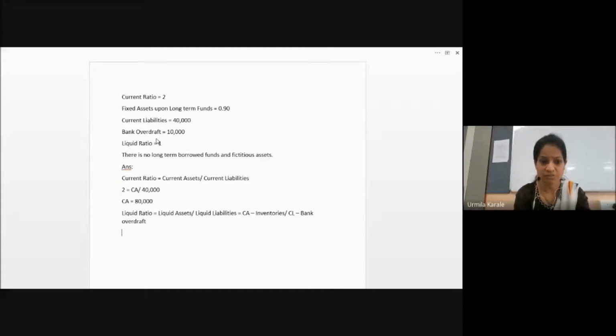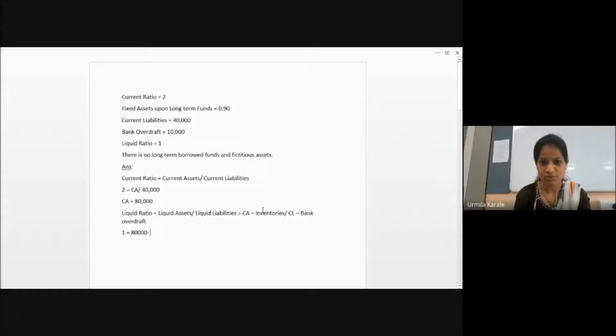I'm just putting the information in the formula. Ratio is given 1, so I'm writing here 1. Current assets less inventories. Current assets we have found out, and that amounts to 80,000. So I'm going to put 80,000 less.